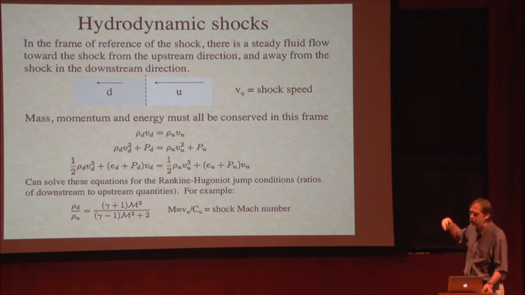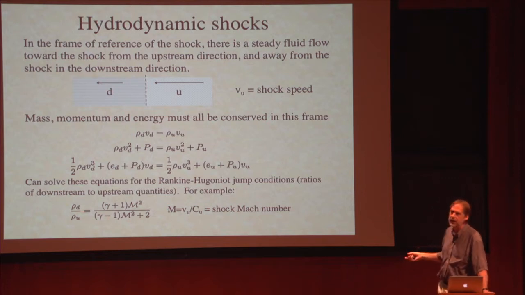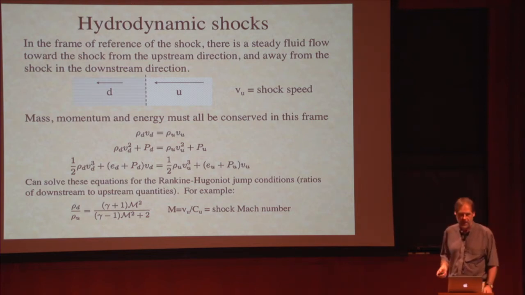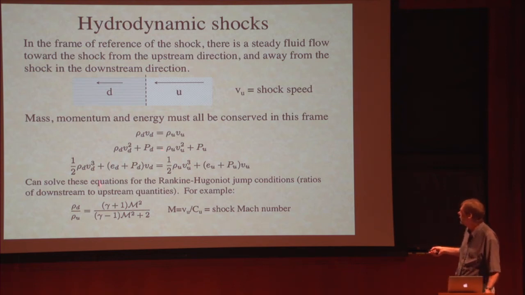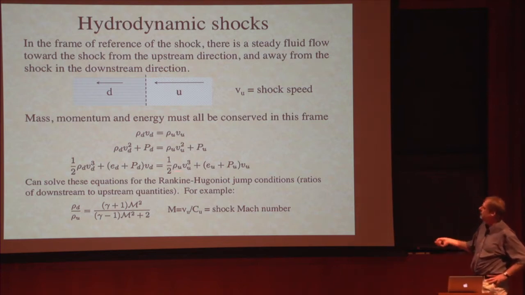So no matter how strong a shock you have, in an ideal monatomic gas, the largest jump you can get in the shock is a density ratio of 4. Of course, this changes with gamma, and it changes with the Mach number. And you can similarly derive other ratios for the other quantities. The other jump conditions are more complicated, so I don't do it. Again, I leave this to the reader to solve these equations for each of the ratios of the jump conditions.